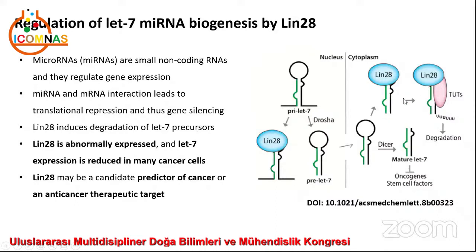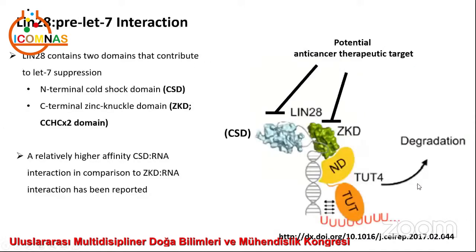Therefore, when Lin28 binds to microRNA let-7, we are actually blocking this gene silencing of the oncogenes. It is therefore thought that Lin28 may be a good candidate for predicting cancer development, and therefore it can be a good anti-cancer therapeutic target.